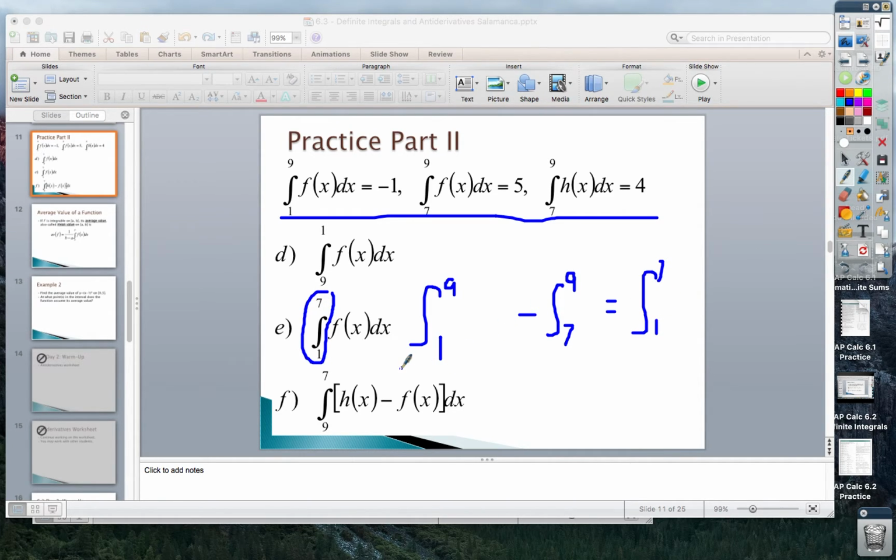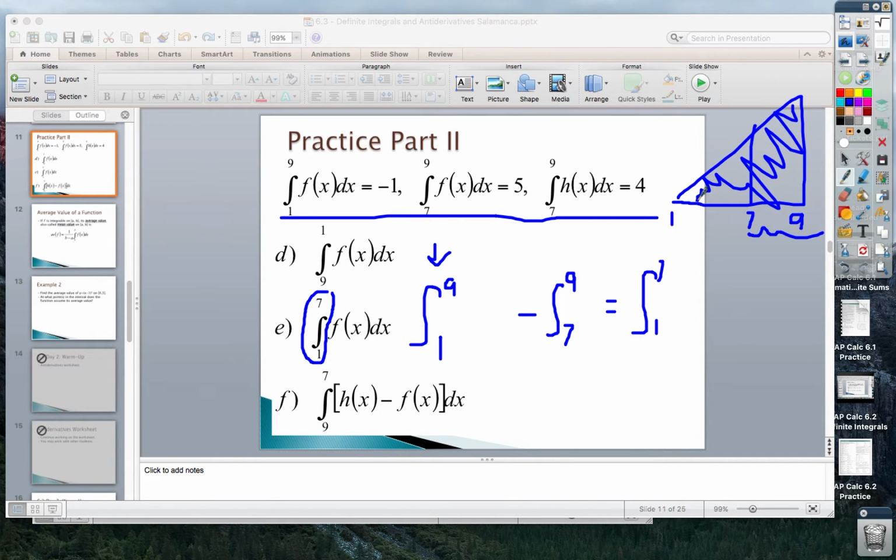So let me go a little bit further, just in case it didn't make sense. Here in this integral, we're going from 1 to 9. That's going to be a fairly larger area. So pretend we have what looks like a triangle, because I know we talked about this a lot. It goes from 1 to 9. Now they just wanted to go from 7 to 9, so just from here to here. Problem is, when we did 1 to 9, they gave us an entire triangle here.